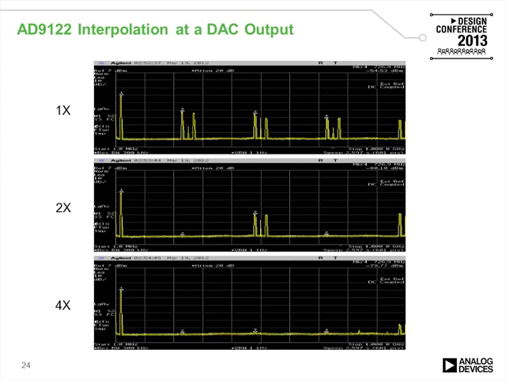If we look at an example of this, here we can see a 1x interpolation where we have our signal here, and then we can see the aliases of that signal appear from the output of the DAC. Now we can see a 2x interpolation, and then our images go out, and a 4x interpolation, and our images go out again, another double.